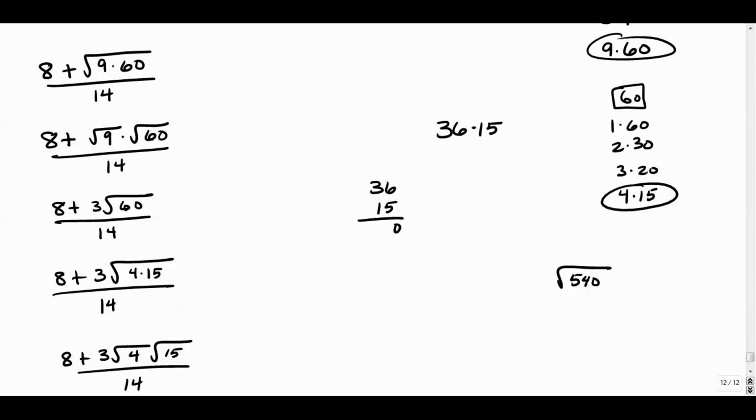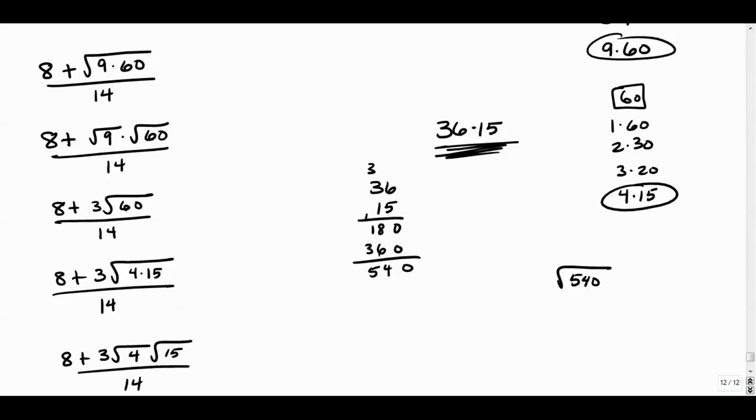So let's check that. 30, so that's 15, 180 placeholders. So yeah, if you saw that the factors of 540 were 36 and 15, that would probably save you 2 steps there, or save you 1 step.